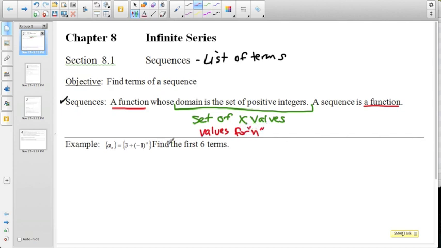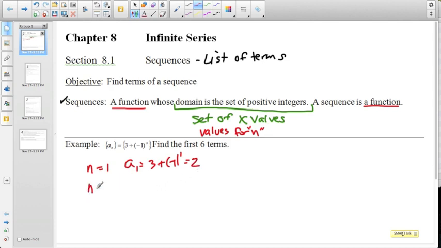If you think about it, that term number starts with term 1, then you go to term 2, then term 3, et cetera. So in other words, the first 6 terms here: when n equals 1, then a sub 1 is 3 plus negative 1 to the first power, which is 2.